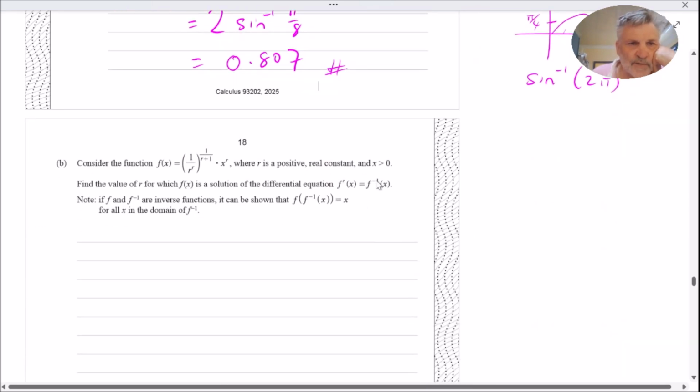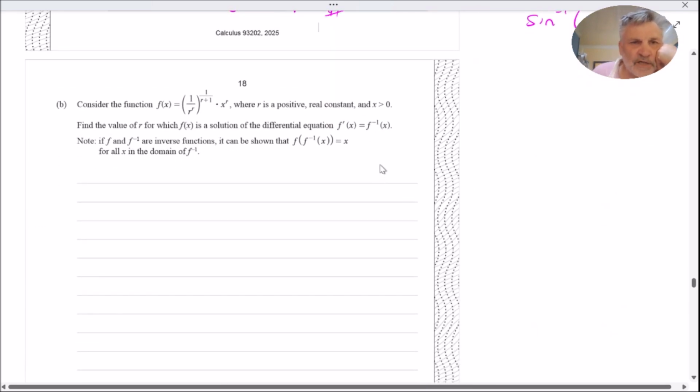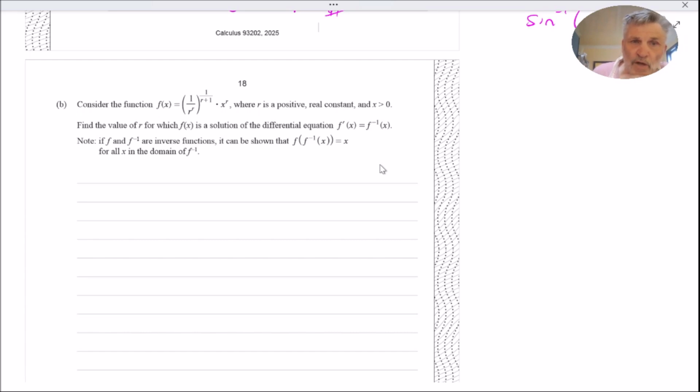So that's that question. Part B, consider the function f of x equals 1 over r to the power of r, all of that to the power of 1 over r plus 1, times x to the power of r, where r is a positive real constant, and x is bigger than 0.